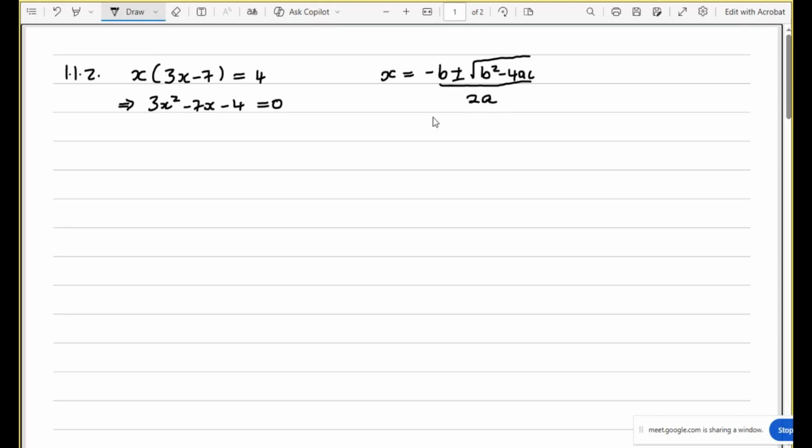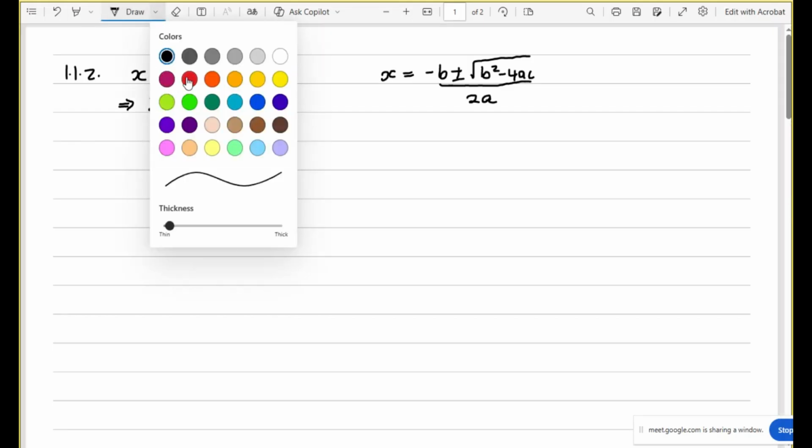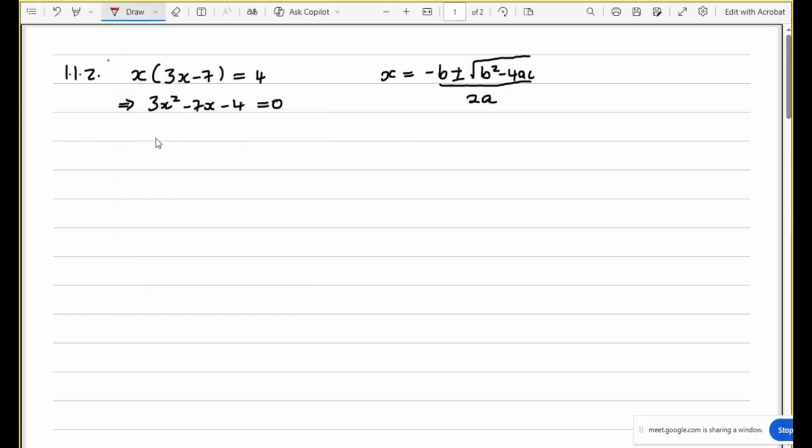Now we're just going to do the substitution. If you look at the equation, it is in the form ax squared plus bx plus c. Therefore, the value of a is 3, the value of b is minus 7, and the value of c is minus 4.